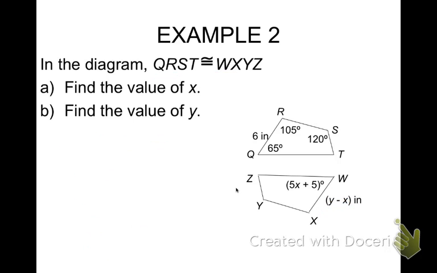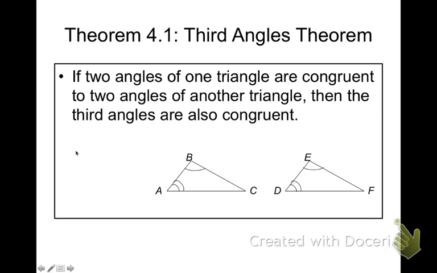All right, so now we're going to introduce a theorem, which is called the third angles theorem. It's quite long, so feel free to abbreviate any of these words into symbols.